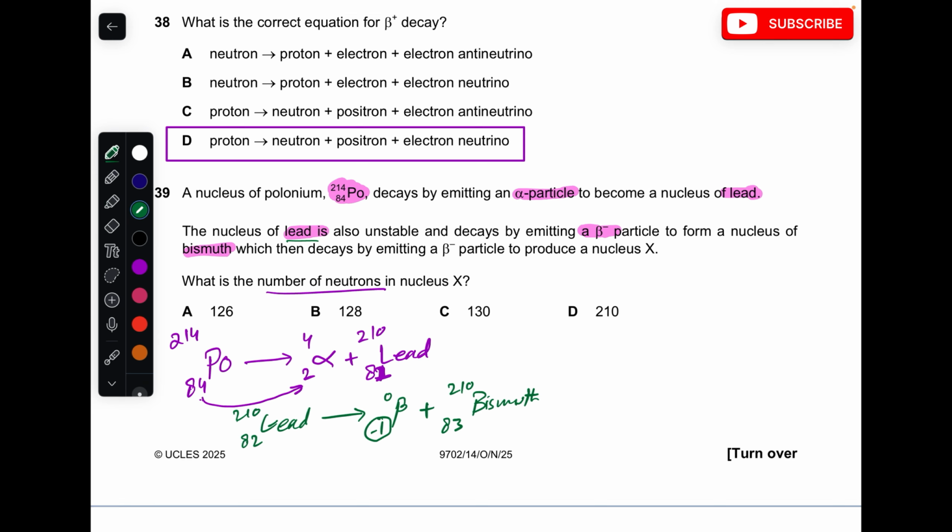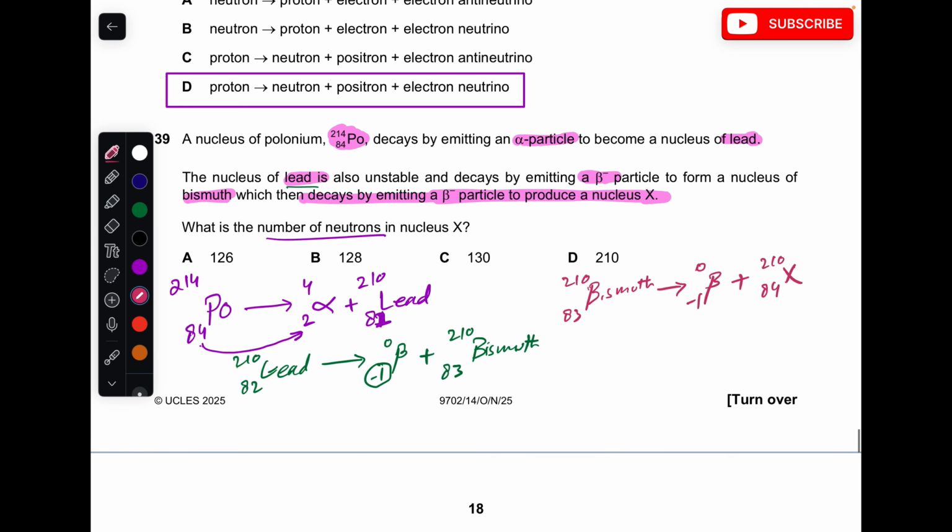Next statement they are telling you, which then decayed by a beta negative particle to become X. Now this bismuth is 210 83. This is decaying by beta negative again, and it will give you the X. So 210 minus 0 is 210, and 83 plus 1 is 84. So you have to tell the number of neutrons in the X. To find the number of neutrons, you have to subtract them. 210 minus 84, 126. It's option A that is correct.